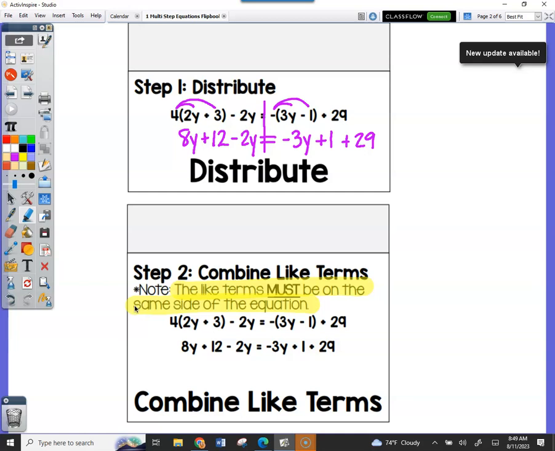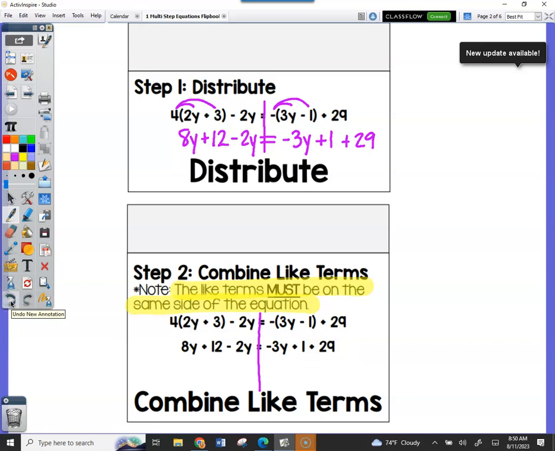Right now we're just saying, all of these like terms over here get combined, and all of these get combined. So once again, it helps to draw your line down the equal sign, because then you know that we are just staying on one side, focusing our attention on this one.